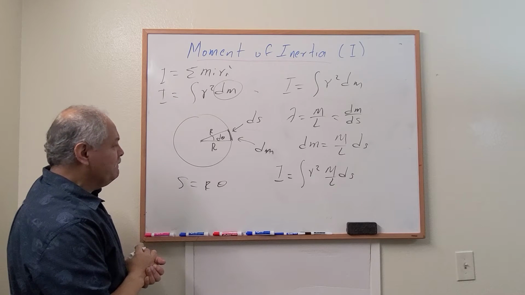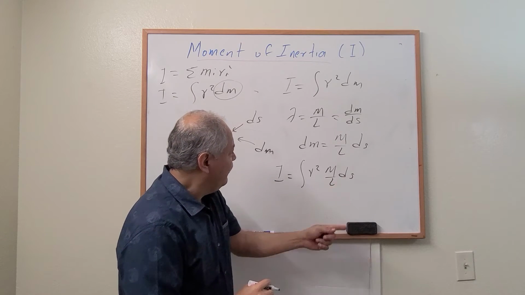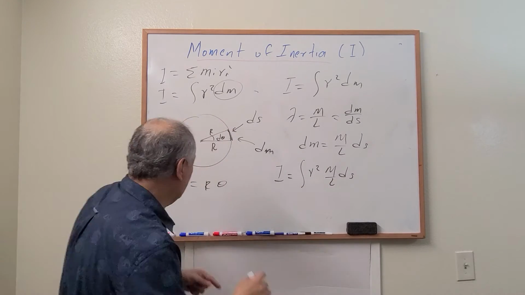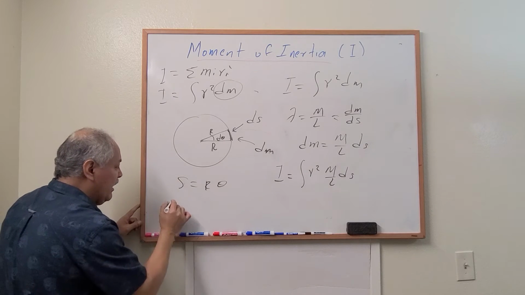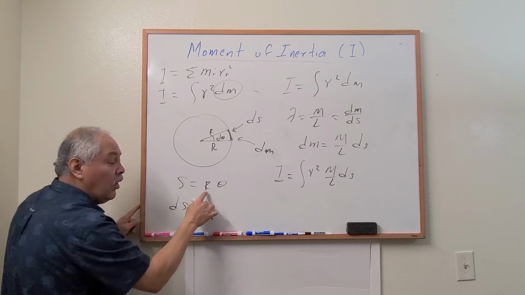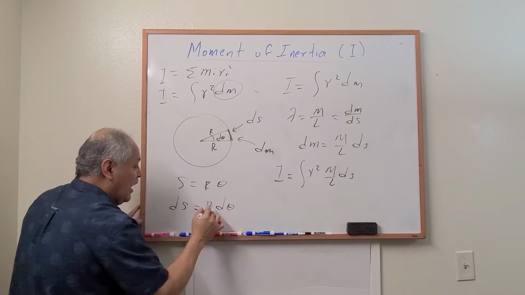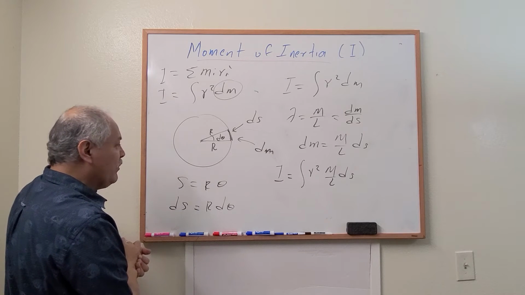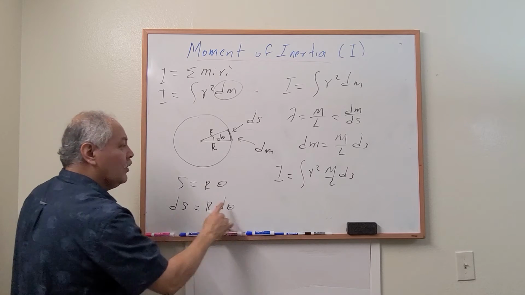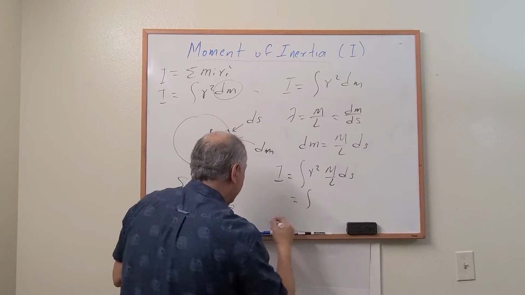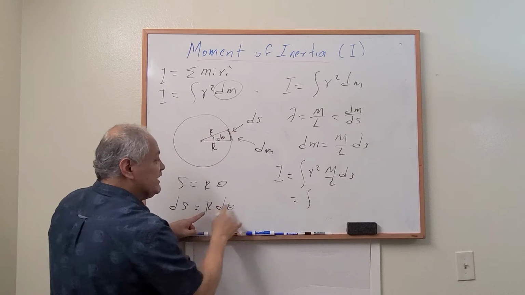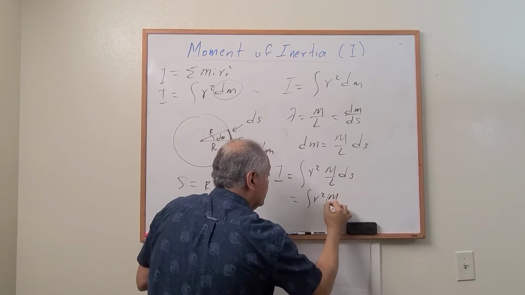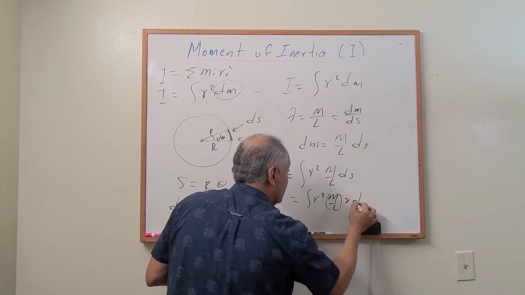But how is ds a function of r? Let's see if we can find a relationship between ds and r, or just ds, from this condition right here. If we take the derivative, where r is constant and stays the same, ds is going to be r d theta. Now, what happens if we substitute this value? It's equal to the integral of r squared m over L times r d theta.